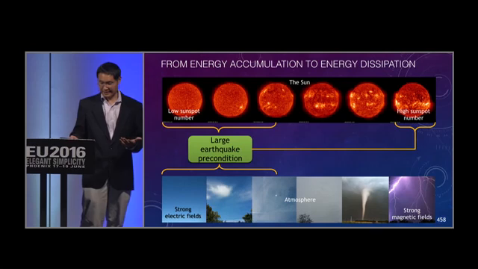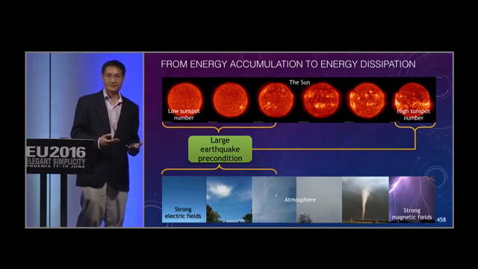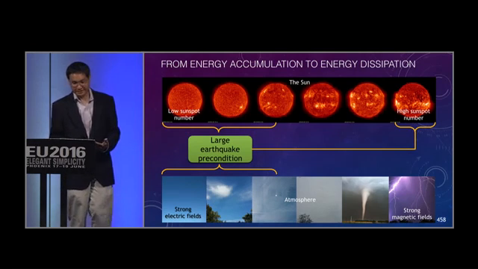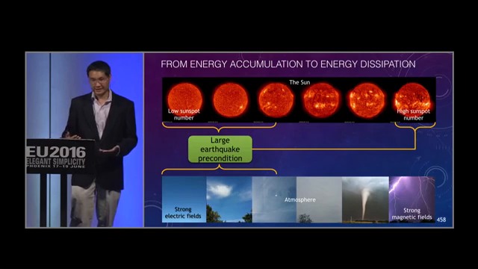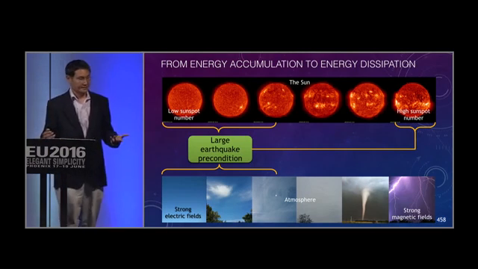Or the other condition is when the sunspot number reaches its peak and is in the decline phase. So this is how we use electricity to help understand how to predict natural disaster.